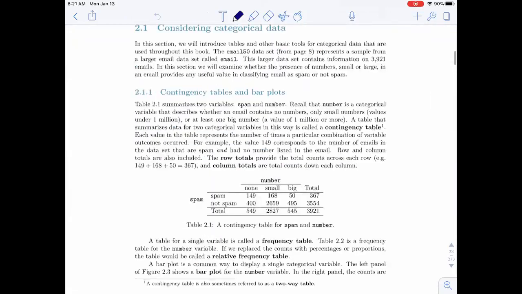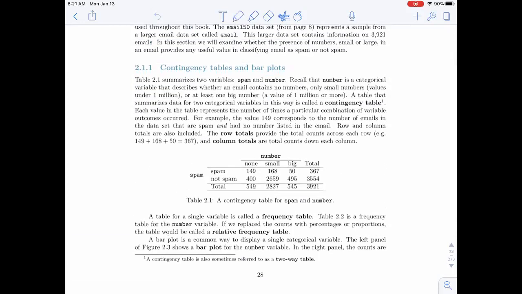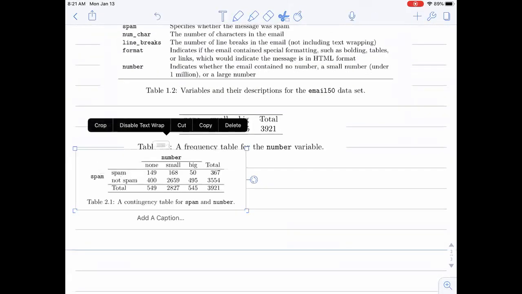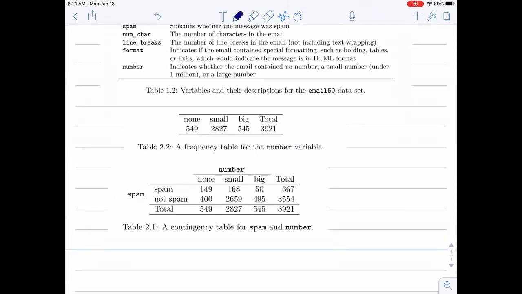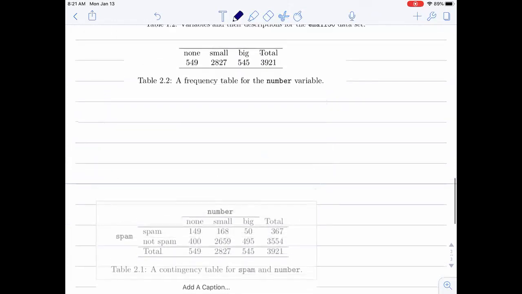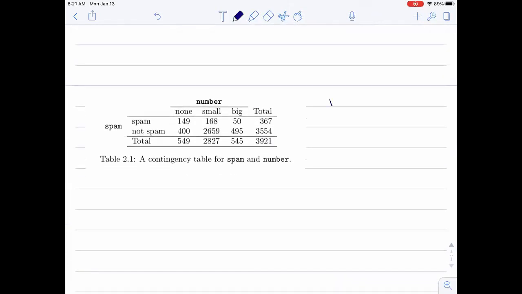So then we could look at a two-way table or a contingency table like this one. Actually, let's get this down here. Two-way table or contingency table.